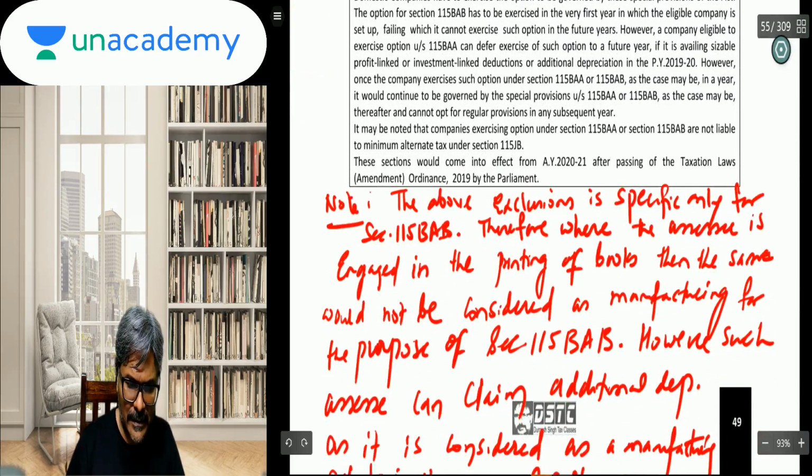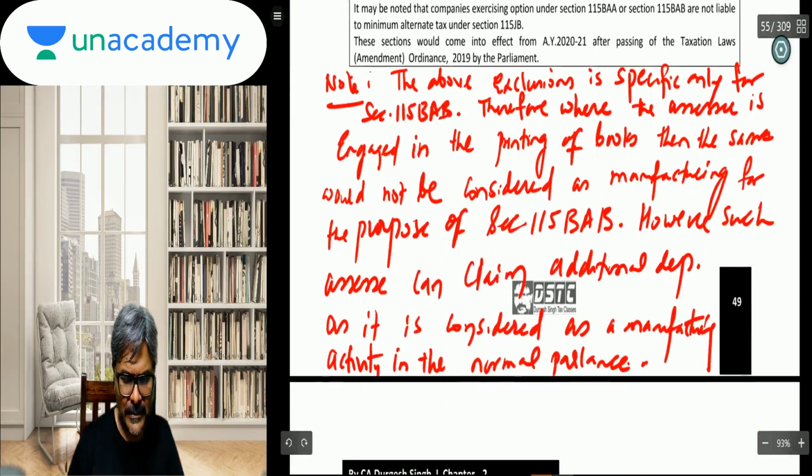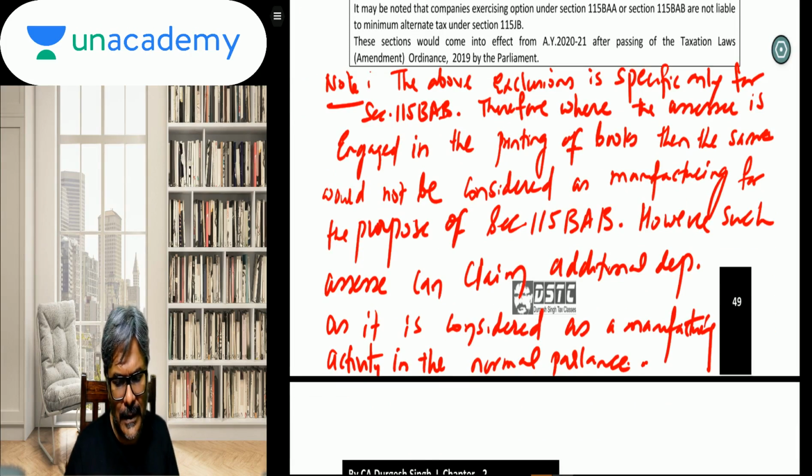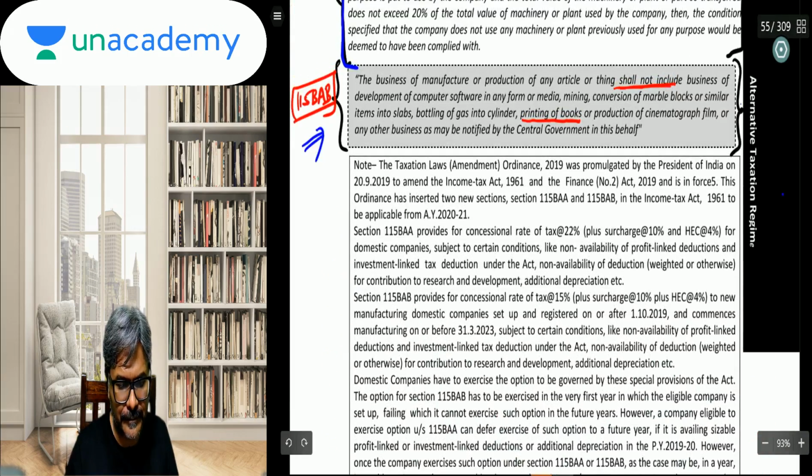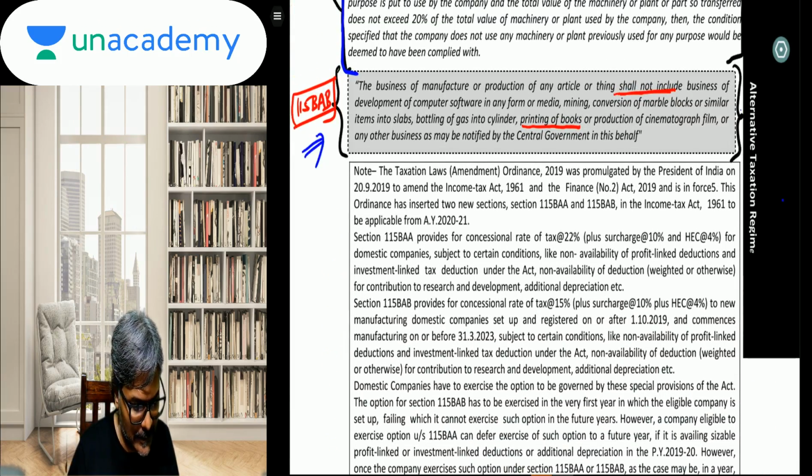And this, please take a note of this one. That 115BAB, the note on this one, the manufacturing note.